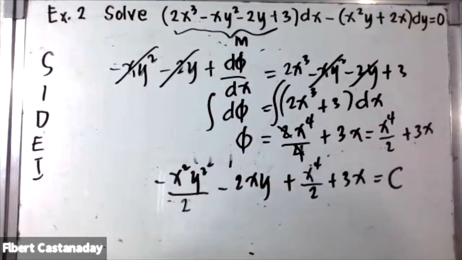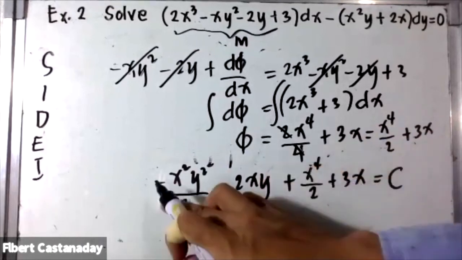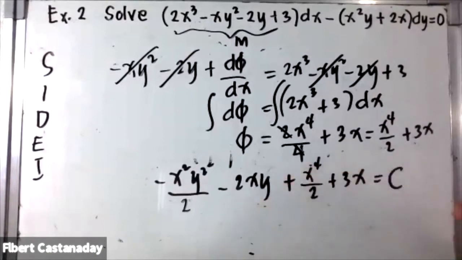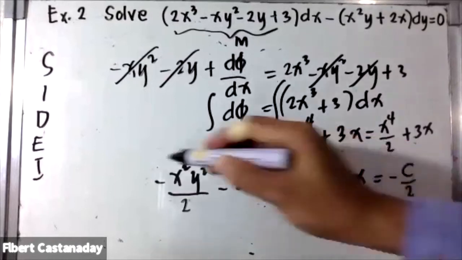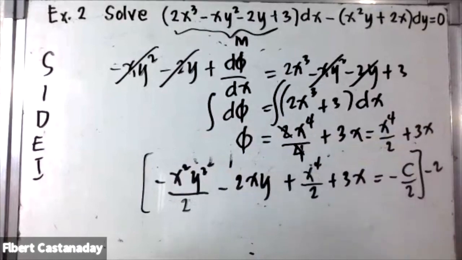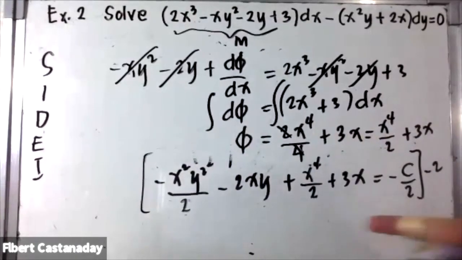So we can arrange our solution. We have over 2, make this negative, put negative c over 2. Simplify further and then multiply both sides by negative 2.